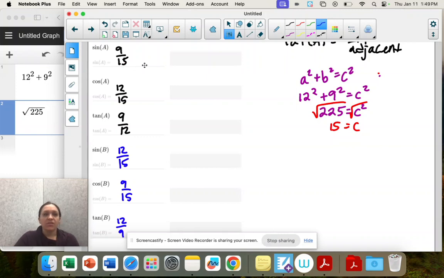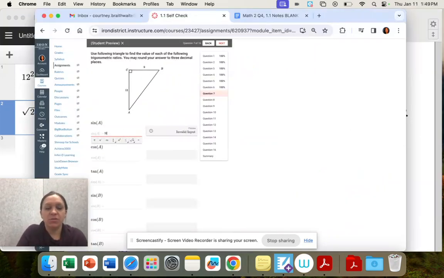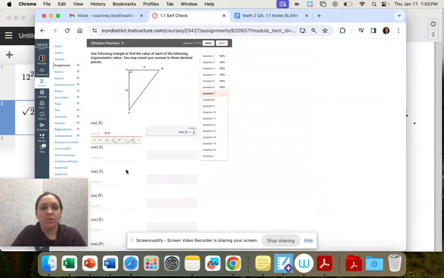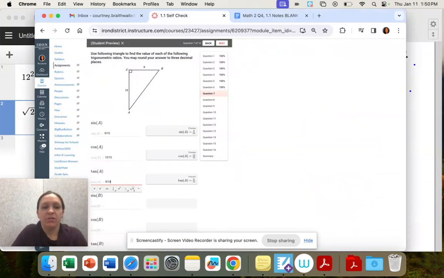And then it says round to 3 decimal places. I really just want to put the ratios in. It's so much easier. 9 over 15, 12 over 15, and then 9 over 12. I'm going to see if it marks it wrong.